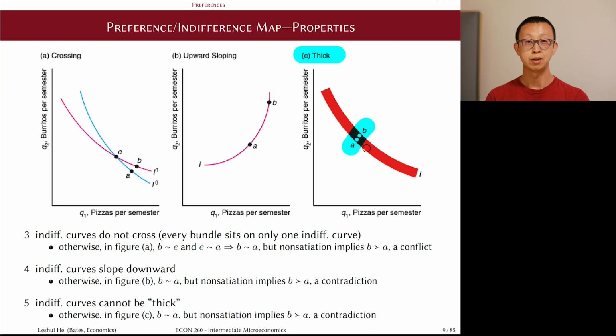A and B cannot simultaneously be indifferent to each other by the definition of the indifference curve while satisfying non-satiation, where bundle B is strictly preferred to bundle A.